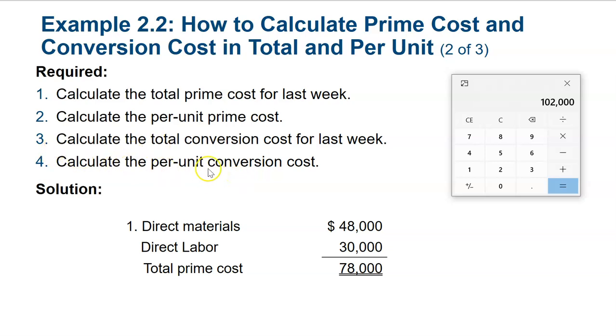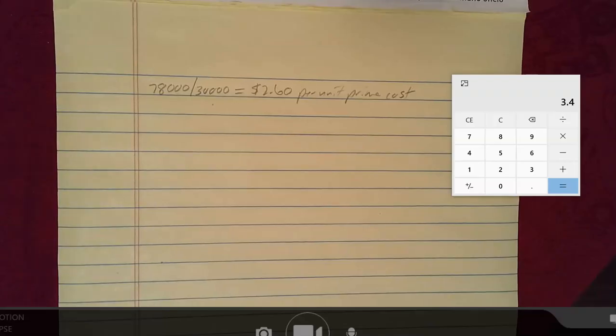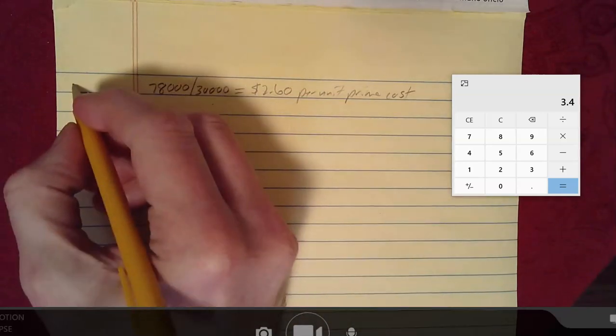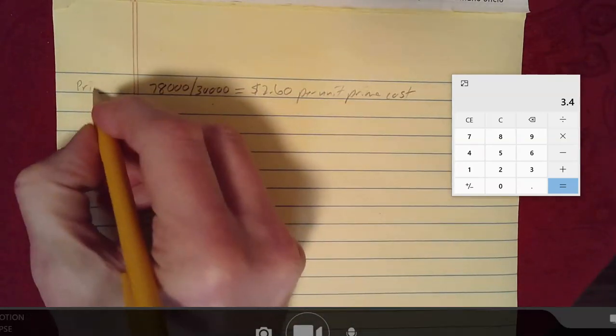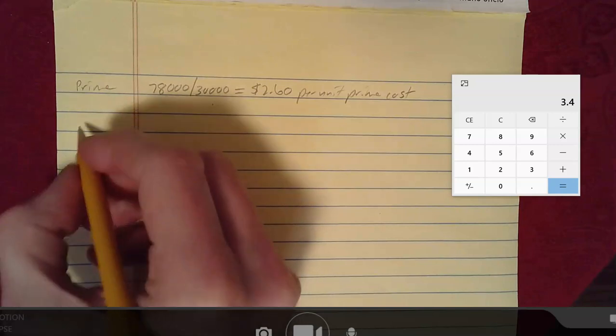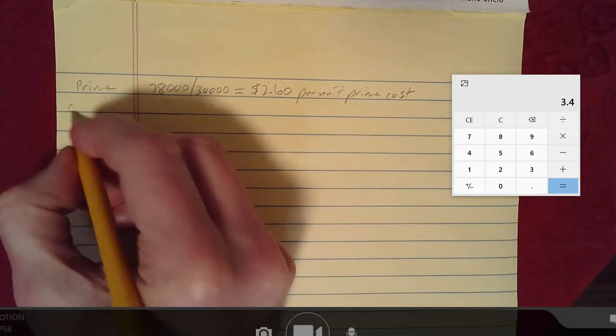Now it says calculate the per unit conversion cost. We're going to take this $102,000 and we're going to divide it by the 30,000 units of output, and we're going to come up with $3.40. So let me just write prime over here, and then I'm going to write conversion right here.